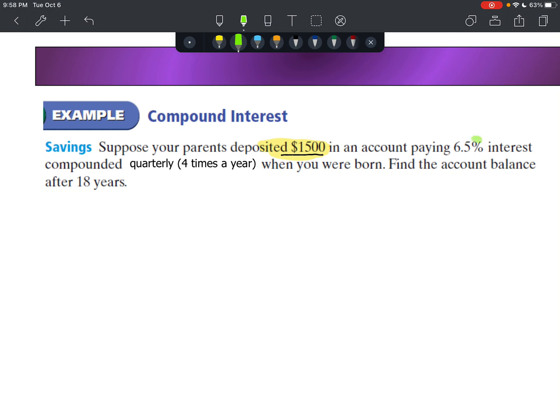Another important piece of information is our interest rate. So we're going to be earning 6.5% interest. And then, very important, that's going to be compounded quarterly. And we're going to keep that money in the account just sitting there for 18 years.